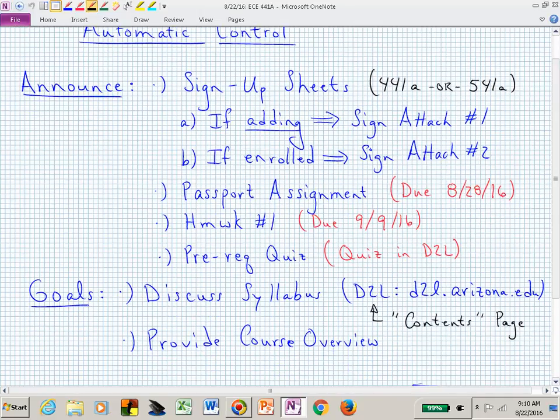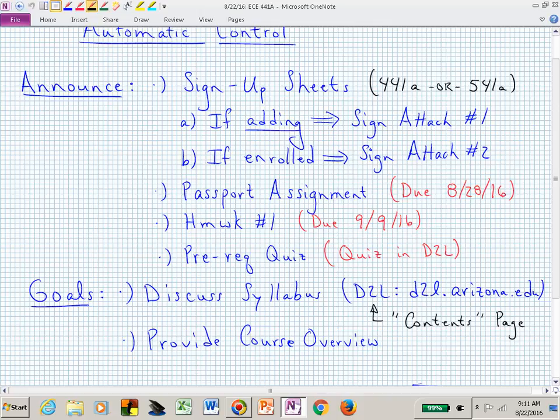Homework number 1. I wish we had it, but it hasn't yet been created, but this is just to give you a way to anticipate. It's a few days off, but you can start planning your time schedule appropriately. There is a prerequisite quiz, and this prerequisite quiz helps me gauge where you are as a class, and it may help you understand what I'm expecting from you in terms of where we're starting.